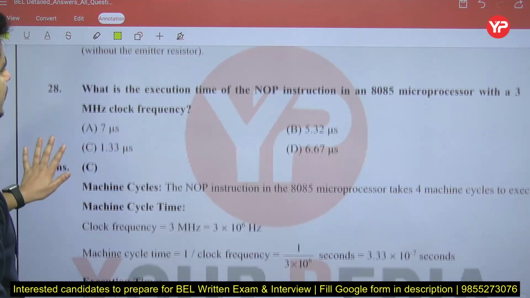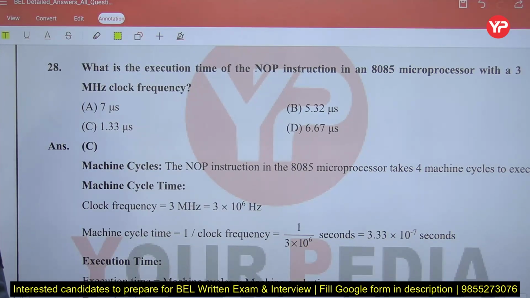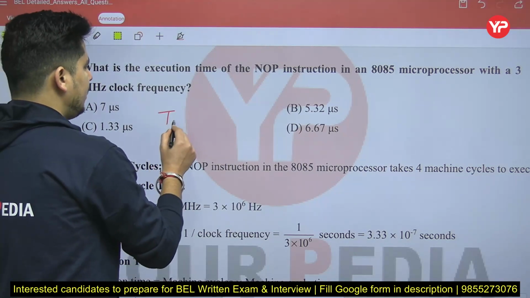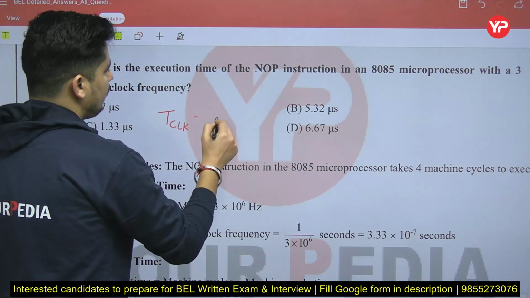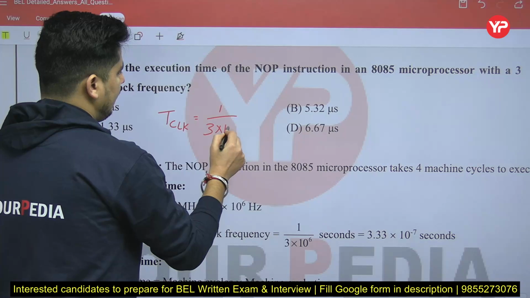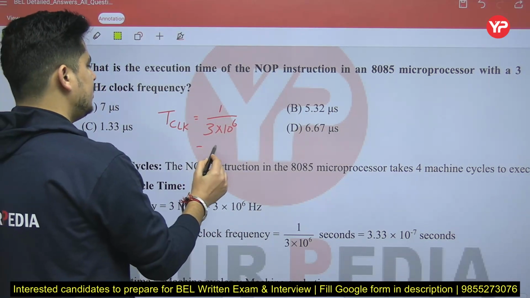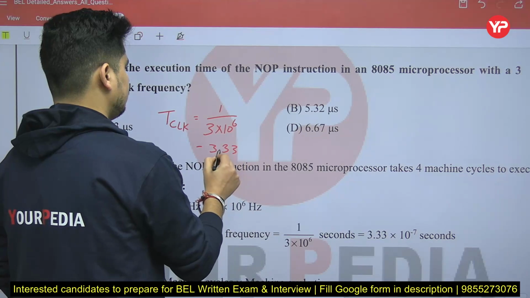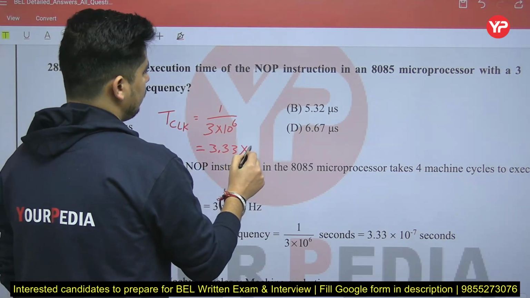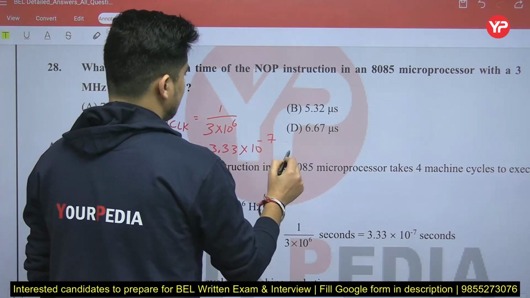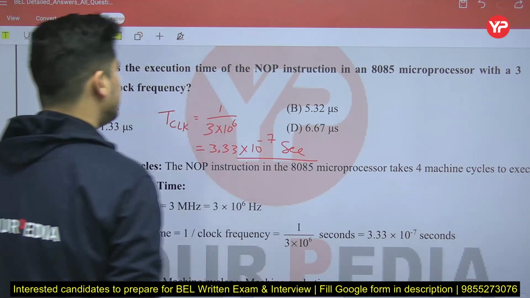Next is, what is the execution time of the NOP instruction in an 8085 microprocessor with a 3 megahertz clock? The clock frequency is 3 megahertz, so the clock period T is 1 divided by 3 times 10 raised to power 6, which is 3.33 times 10 raised to power minus 7 seconds.